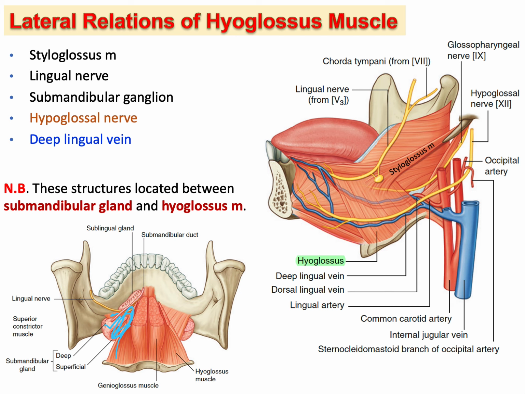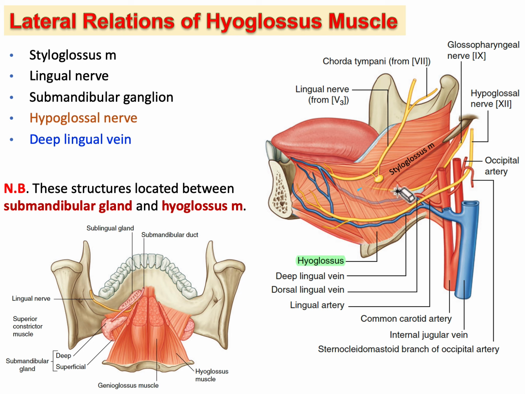So the easier way to study those structures is to study the lateral relation of hyoglossus muscle. What does it mean? Okay, this is the hyoglossus muscle, right? Okay, and the gland should be here, right? Right? So there are structures between the gland and the hyoglossus muscle.